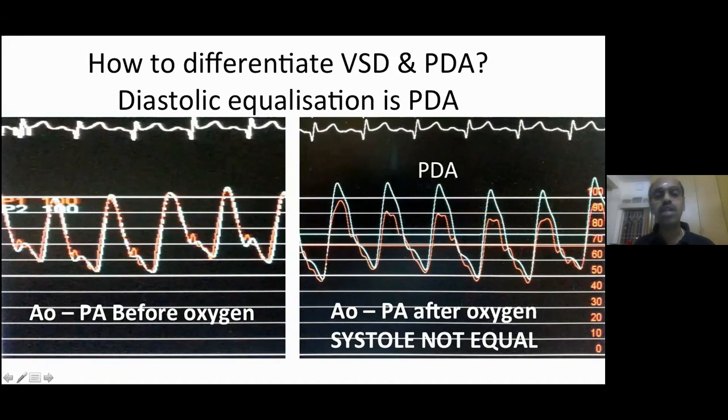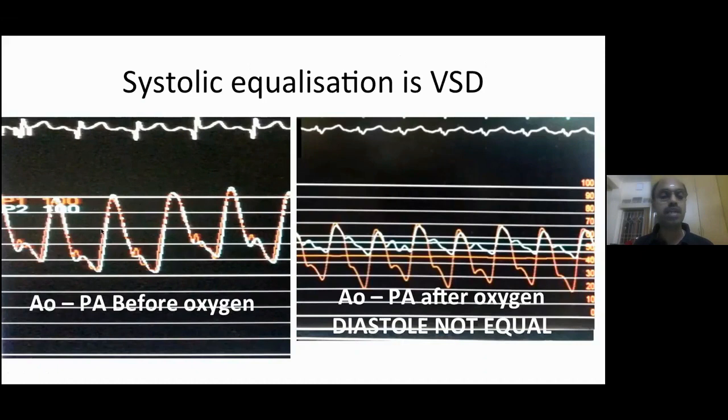On the contrary, in a ventricular septal defect, again we have a similar situation: a large ventricular septal defect wherein there is an equalization of aortic and PA pressures. You start giving oxygen, and the oxygen causes a fall in the pulmonary vascular resistance due to pulmonary vasodilatation.